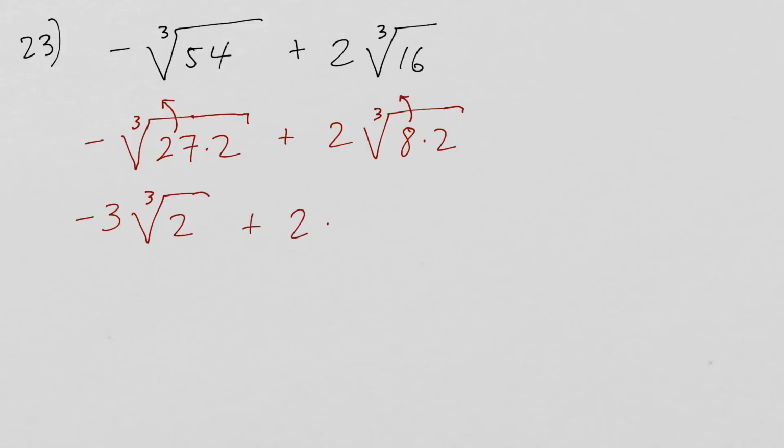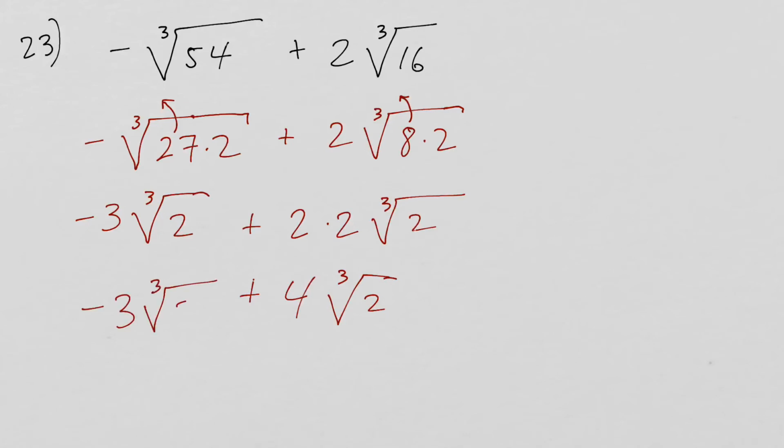Now my 2 is just sitting there, but when I cube root the 8, it becomes a 2, and I'm left with the cube root of 2. This 2 times 2 is 4. So I have negative 3 times the cube root of 2 plus 4 times the cube root of 2. That's a positive 1 times the cube root of 2.